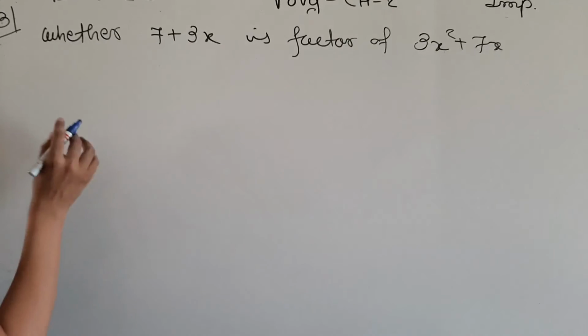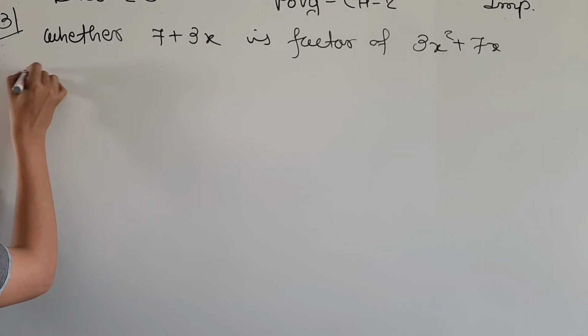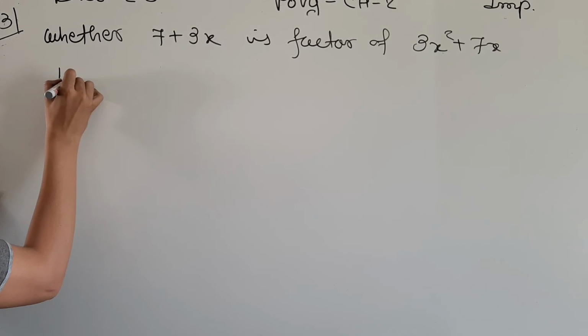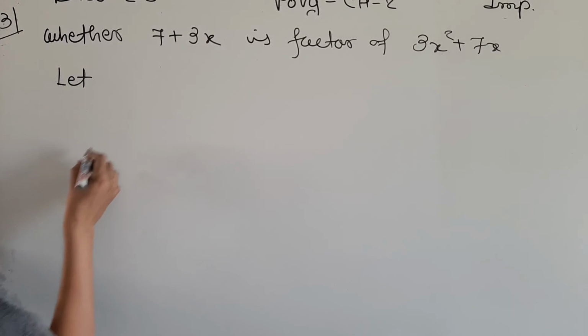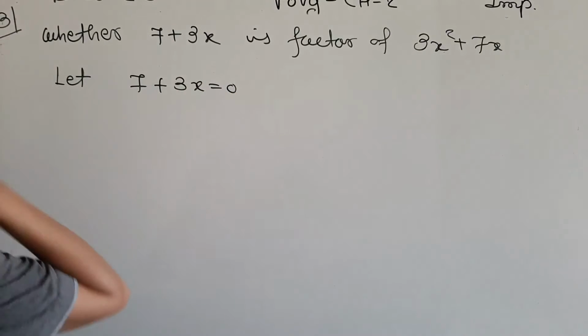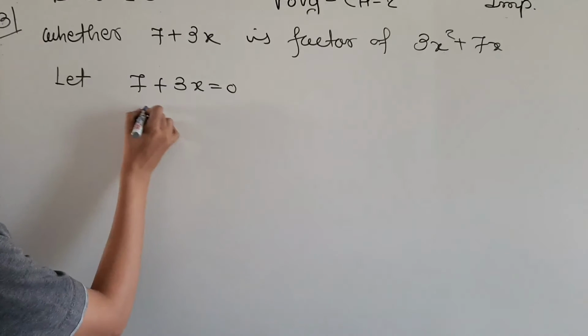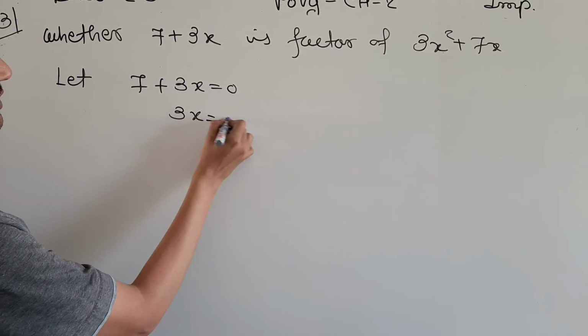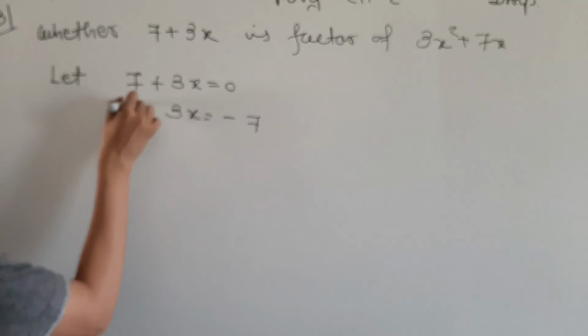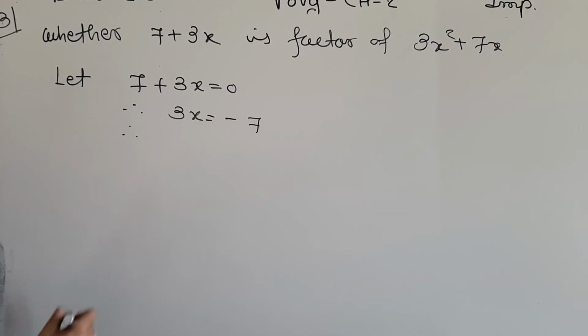So a very short way is that here we have to write: let 7 plus 3x is equal to 0. Okay, so now 3x is equal to minus 7. Don't forget the equal to sign; otherwise, you have to write something else.